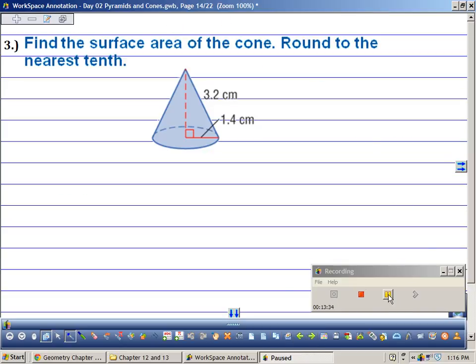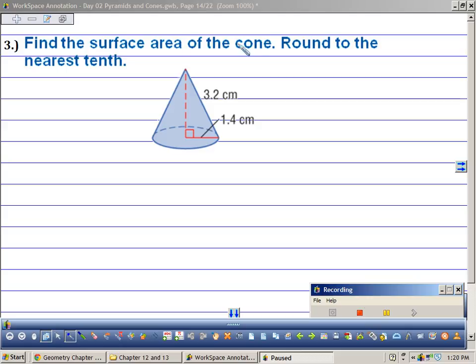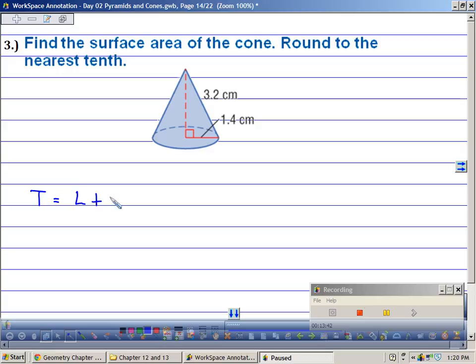All right, let's do this one. Let's find the surface area of this cone. So surface area is the total area equals lateral plus the base equals pi times the radius times the slant height plus pi r squared. We know all that stuff on this one, right? Yes, we do.